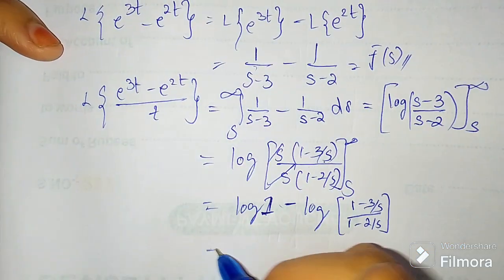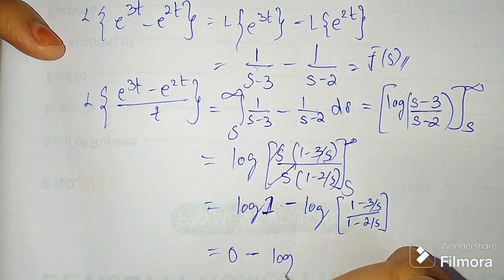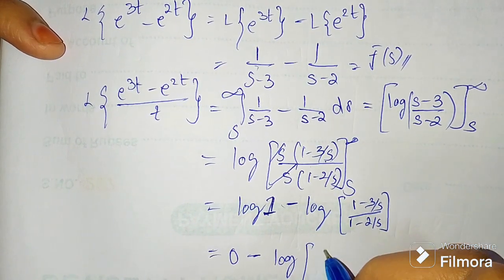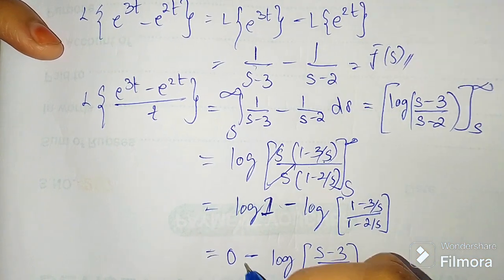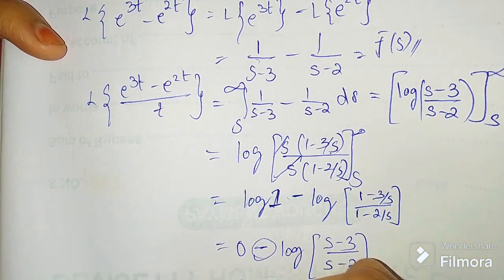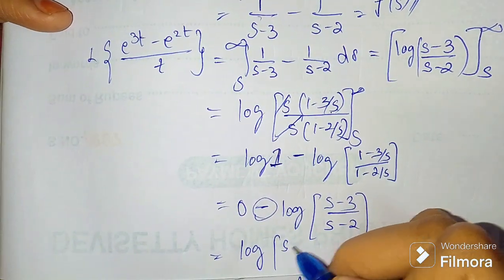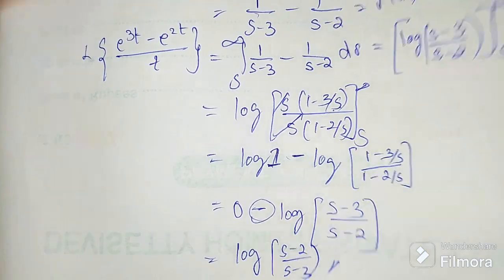Okay. Log 1 is 0 minus log of, if you want multiply with s again, I'll get s minus 3 by s minus 2. Because minus is there, I'm just reciprocaling the numerator with denominator. So this is your final answer.